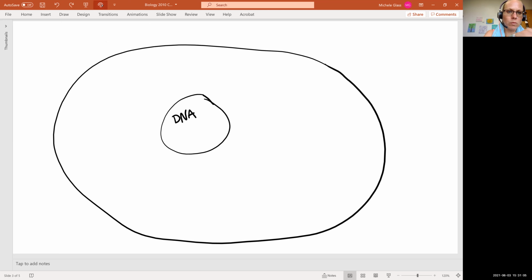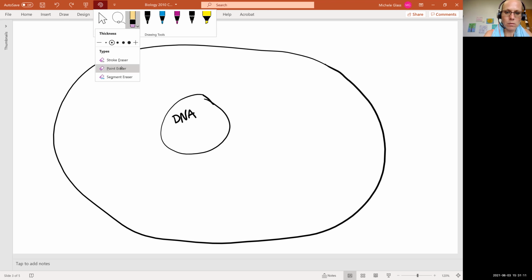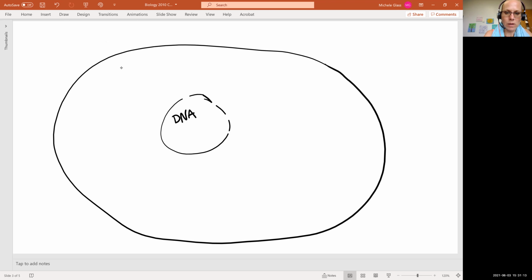I'm going to try one more time to get my little holes. So my little holes are becoming big holes, but okay, you get the point there. So the nucleus has a nuclear envelope, and the nuclear envelope does have some pores that allow for small things to move through.